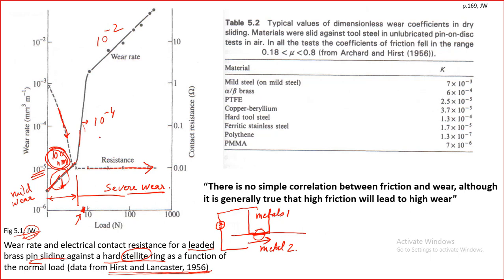As we increase the load, the electrical resistance was going down, meaning conductivity was increasing. This interface was becoming more and more conducting. Near the transition the resistance became a very low value, almost fixed. That means electrical conductivity was high here, the reverse of resistance.